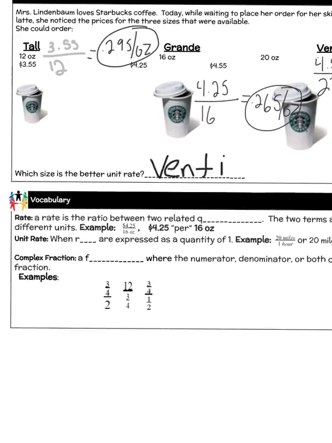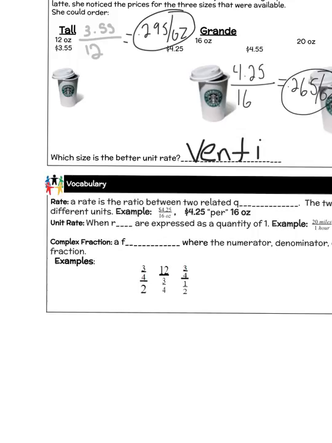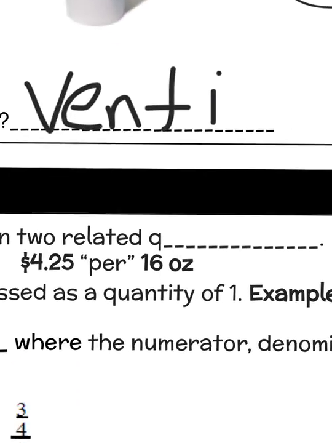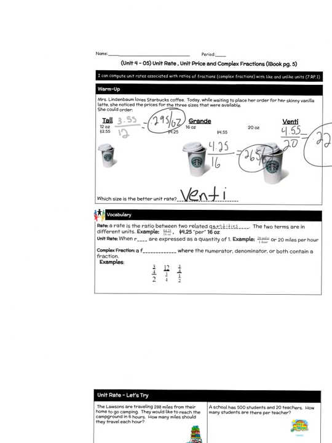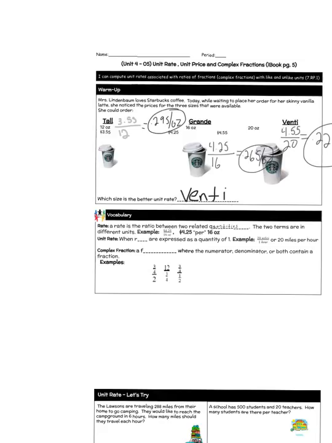Okay, now let's look down at the vocabulary. So it says a unit rate is the ratio between 2 related quantities. The 2 terms are different units. For example, $4.25 divided by 16 ounces.